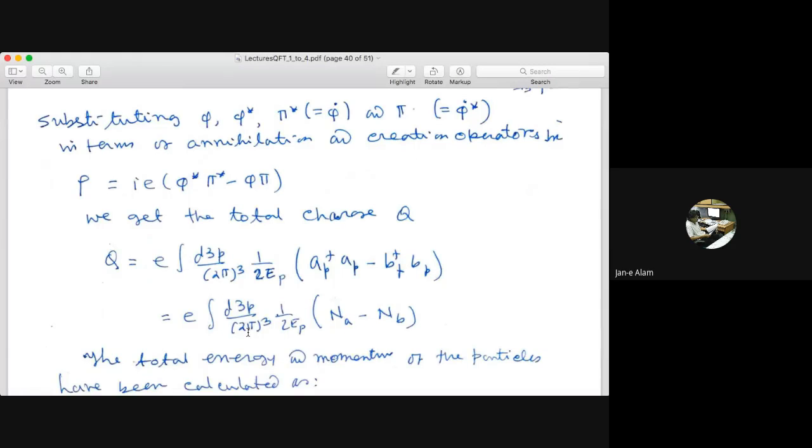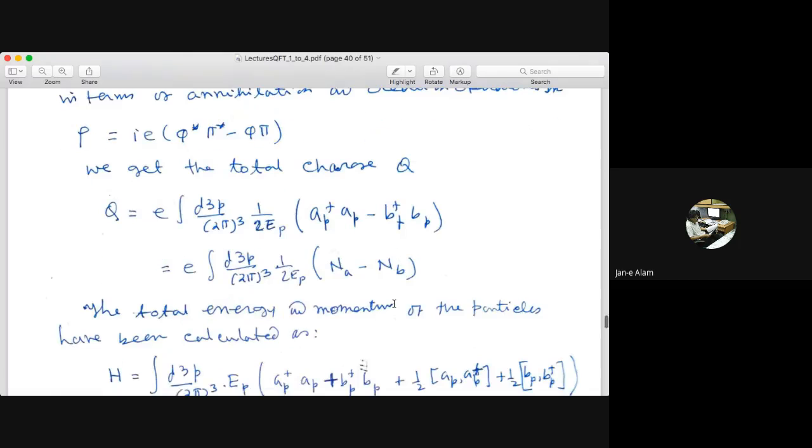If you do the detailed algebra, which I did yesterday, it is the same technique, so I am not repeating it. You will get the total charge of the particles as E integral d cube P by 2 pi cube, 1 by EP, times A dagger A minus B dagger B. A dagger A is the number operator for A kind of particle, and this is for B kind of particle.